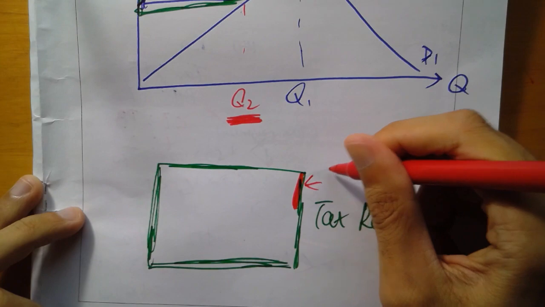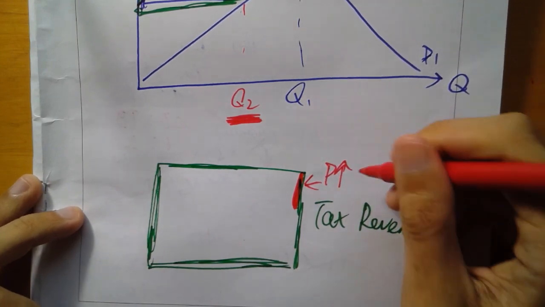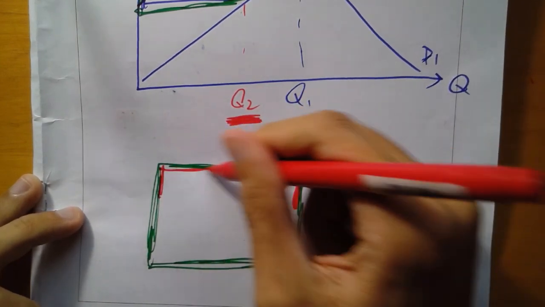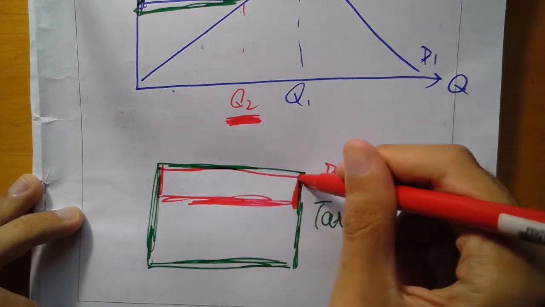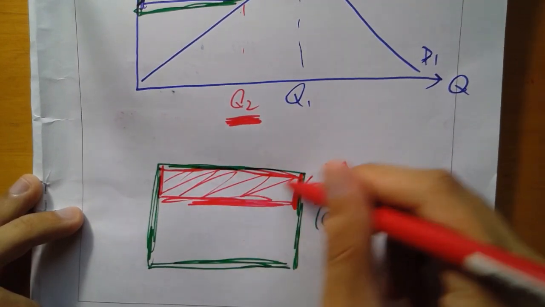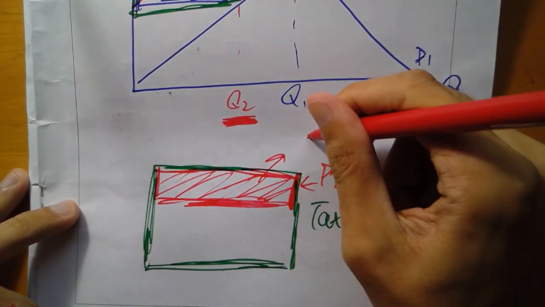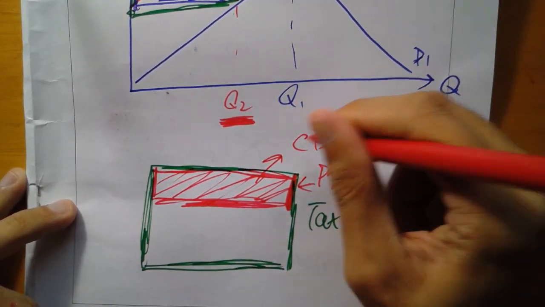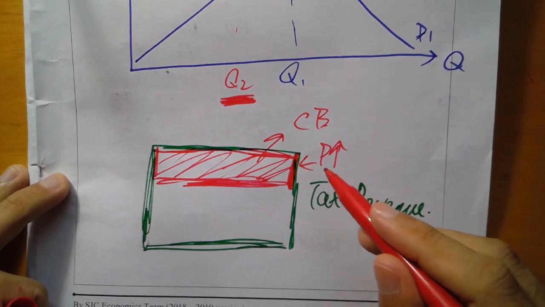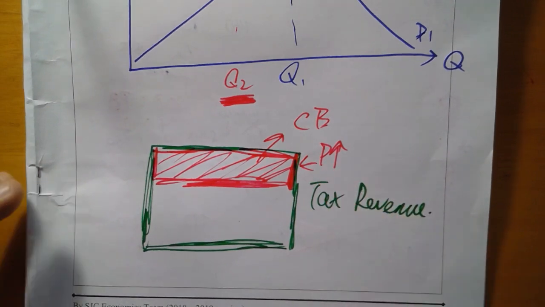This part is the increase in price, meaning the consumer, this red part, this guy will suffer. It is their burden because things become more expensive, right?